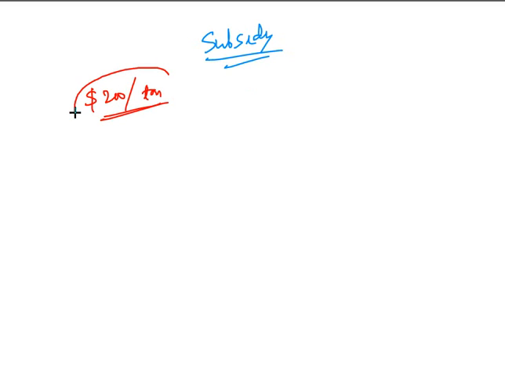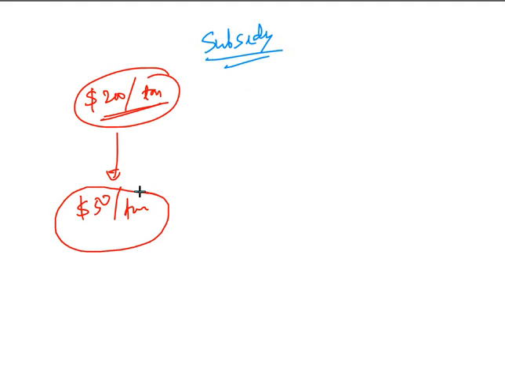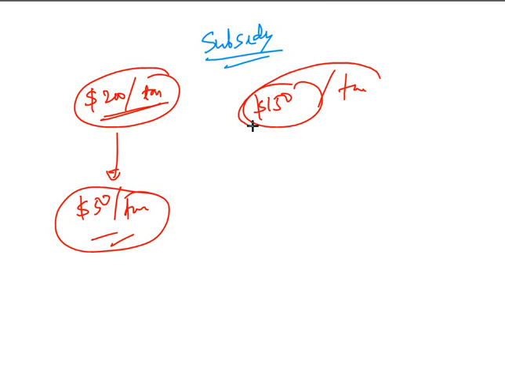Then another item that is there is subsidy. What will be the impact of a subsidy? Think about it. The fertilizer cost is, let's say, $200 per metric ton, assuming. The farmers are getting this at, let's say, $50 per ton. The amount of $150 per ton is borne by the government, right?